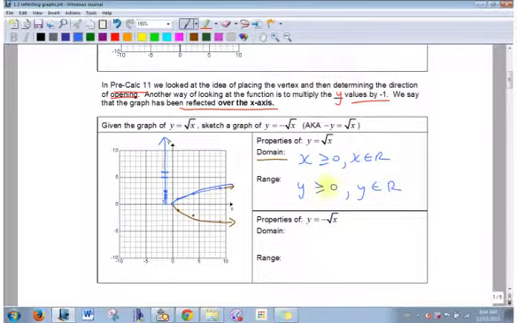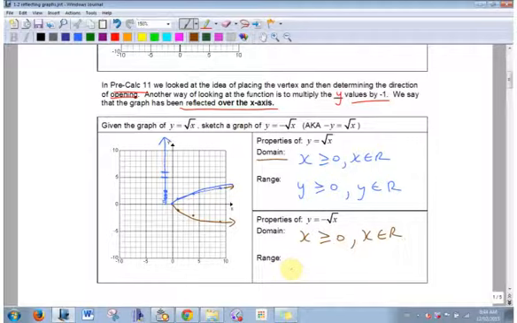Anyway. This guy, how does the domain change when I flip it over the x-axis? No, it doesn't. So in my brown, x is also still greater than or equal to 0 and all real. Range, does the range change? Absolutely. And I'm sure there's some kids out there who actually memorize this, and it wouldn't be bad. I'm just not that type of person.